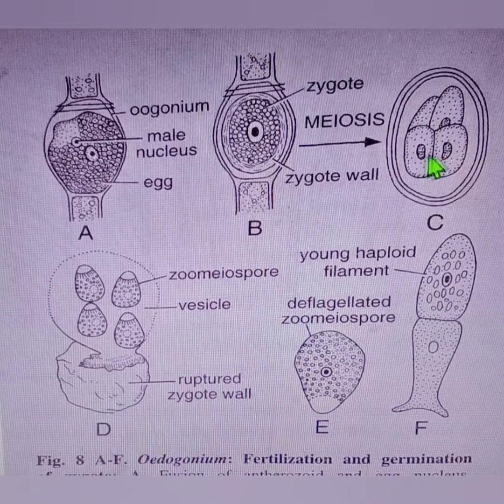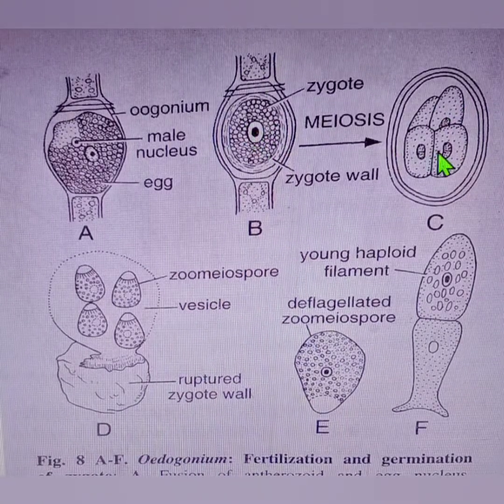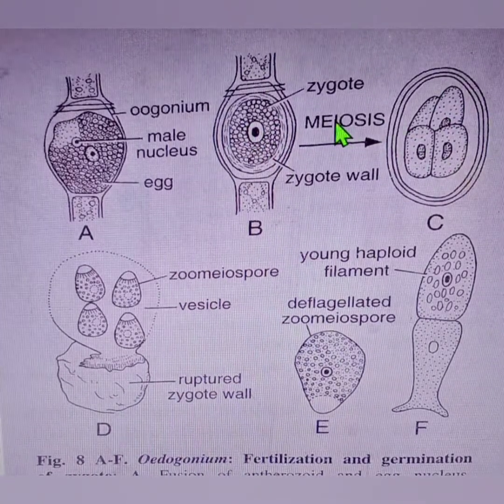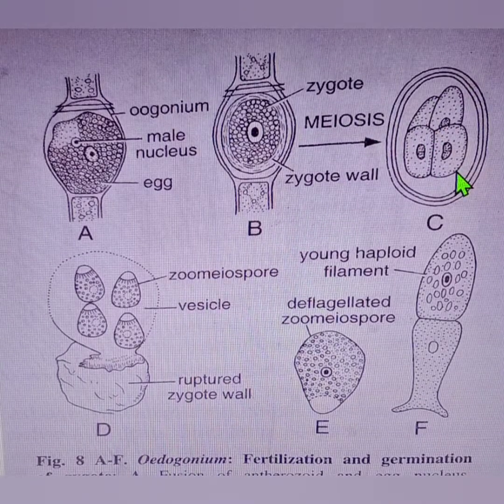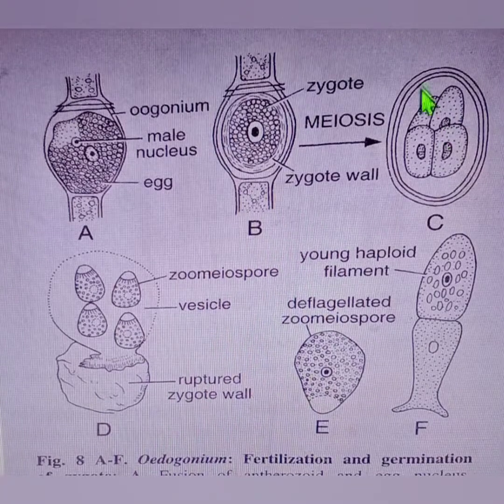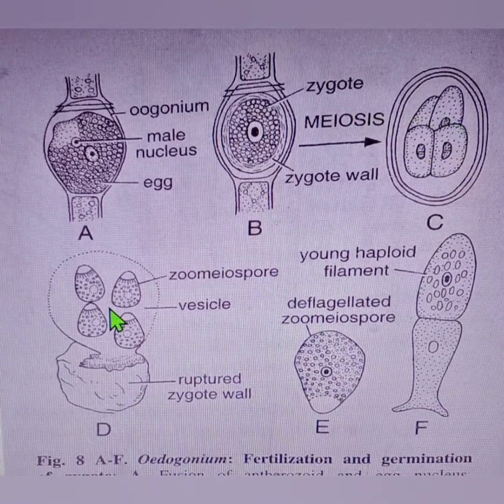Now you can see here 1, 2, 3, 4. From a single nucleus, it divides by meiosis to form 4 haploid nuclei, followed by the division of the protoplast also into 4 segments.